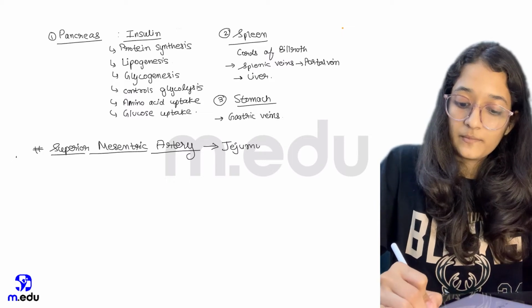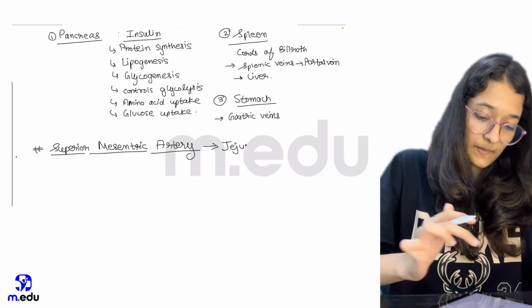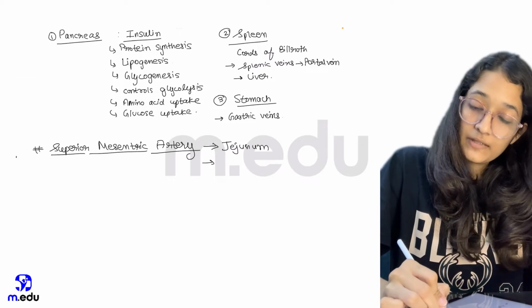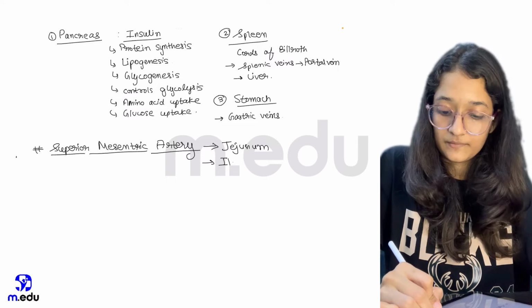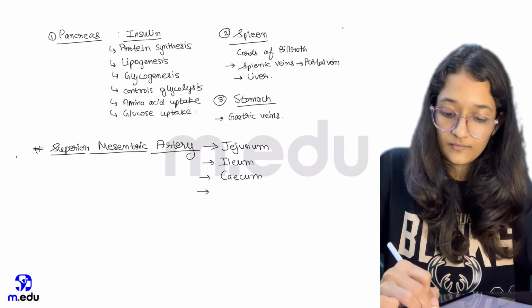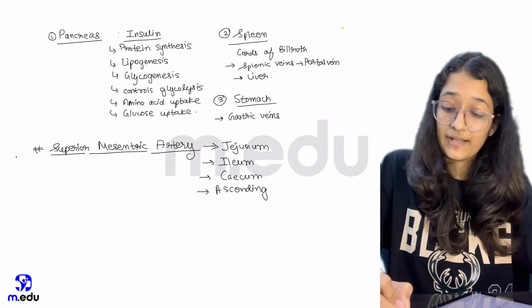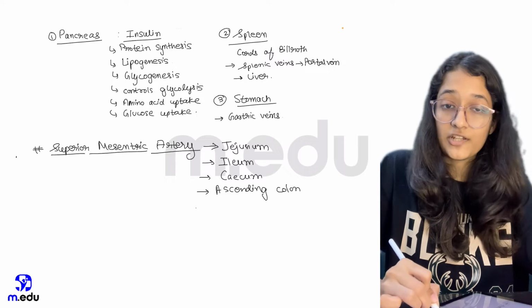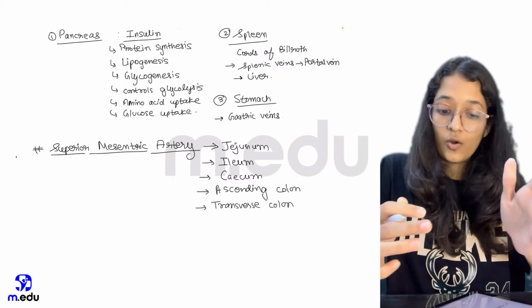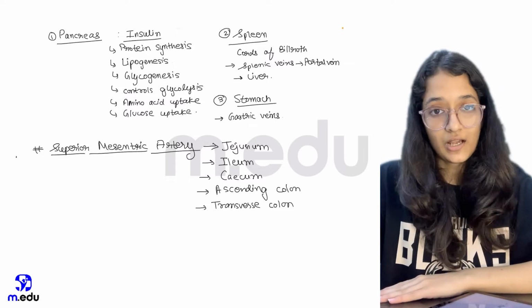The jejunum, ileum, the cecum, ascending colon. What next? The transverse colon. All of this part of the intestine is supplied by the superior mesenteric artery.